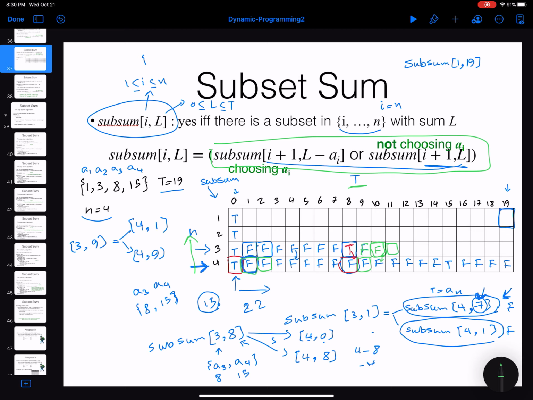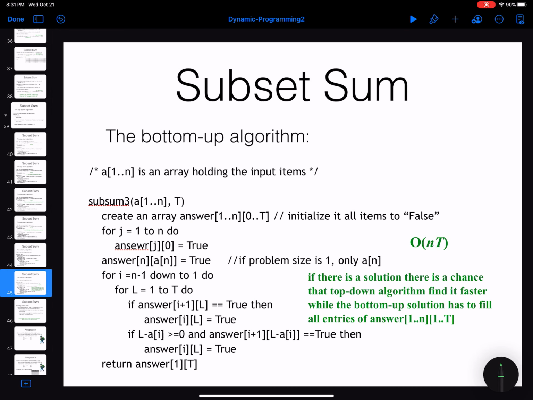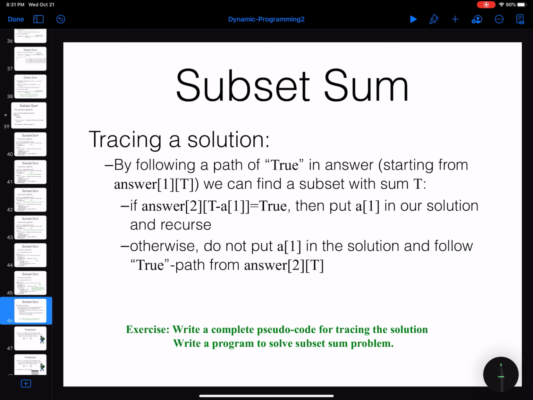Maybe you are very lucky and you just need to solve a smaller number of subproblems. And there's a good chance in the case of the subset sum problem that you don't need to solve all of the subproblems. So this is one of the cases where you prefer to write it in a top-down way than bottom-up.